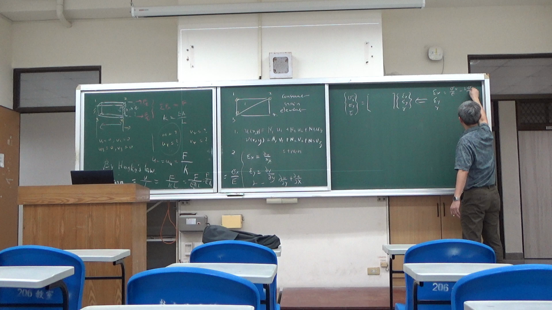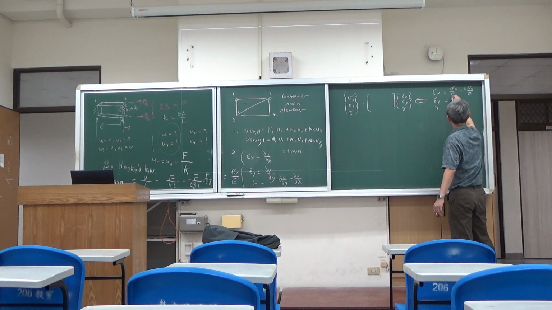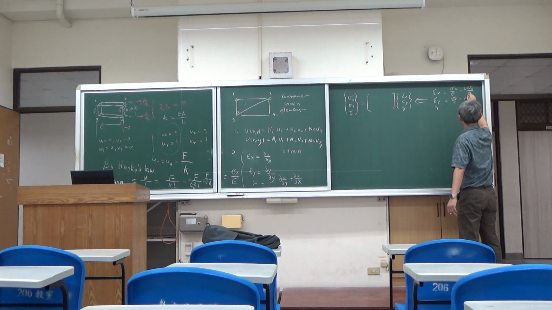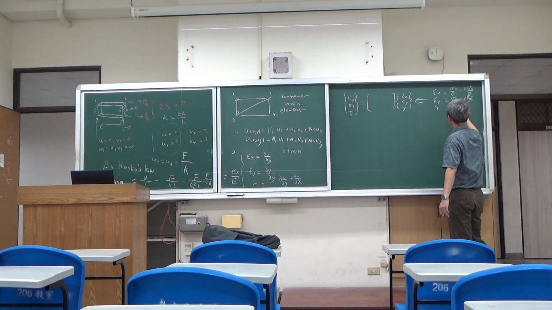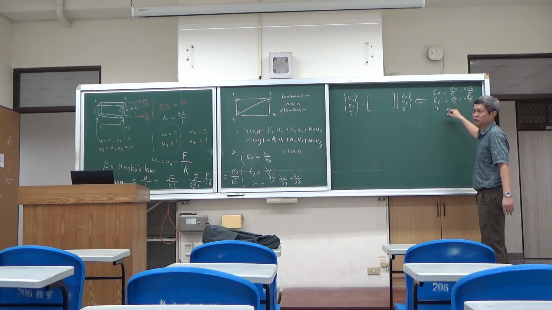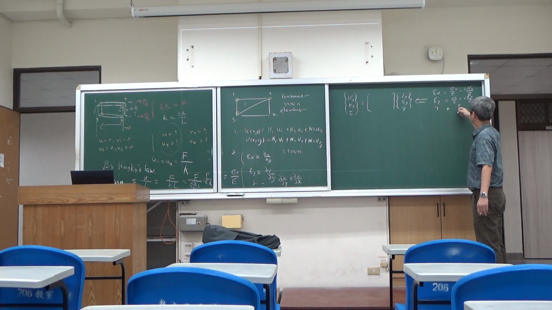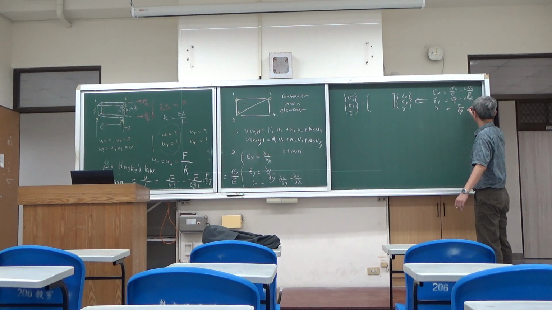Poisson ratio, sigma y over E. And this is sigma y over E minus Poisson ratio times sigma x over E. And this is your shear stress over G. And what is your shear stress over G?